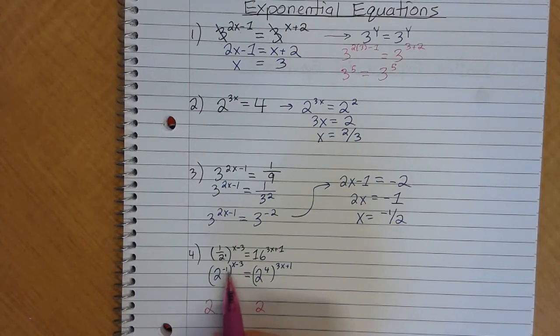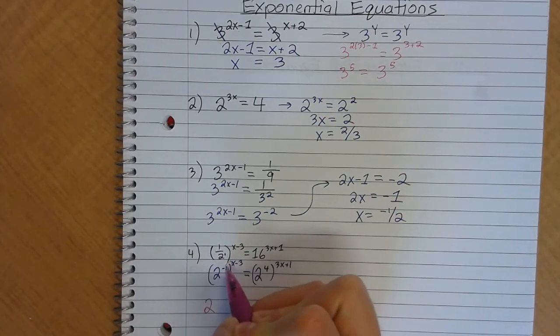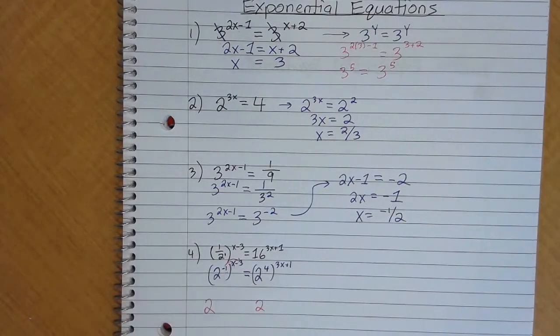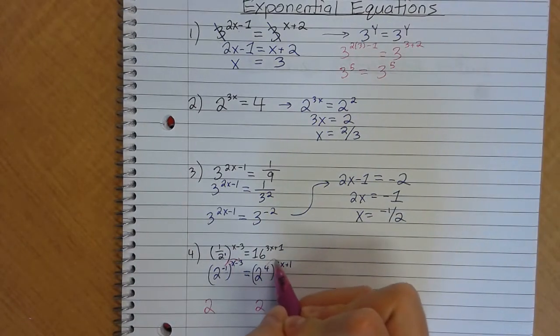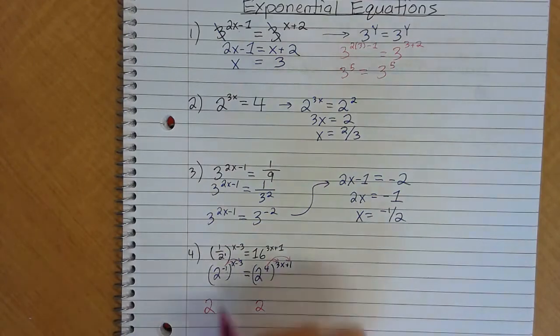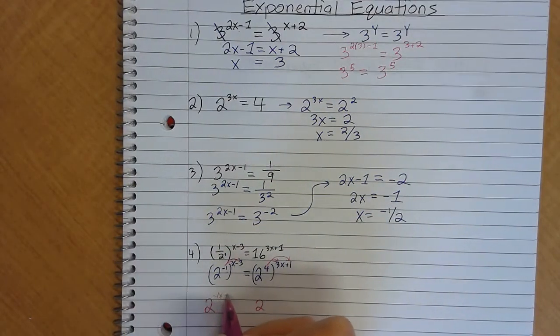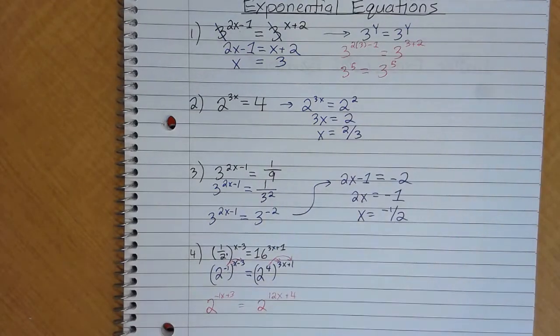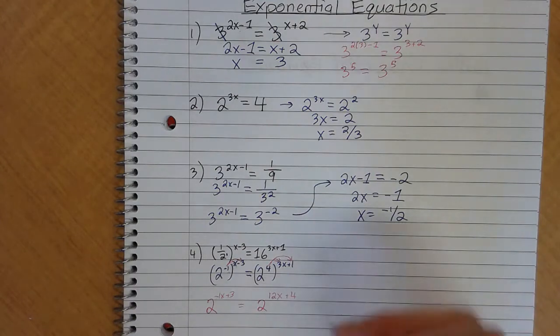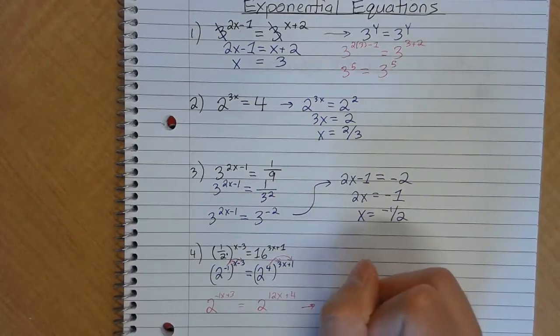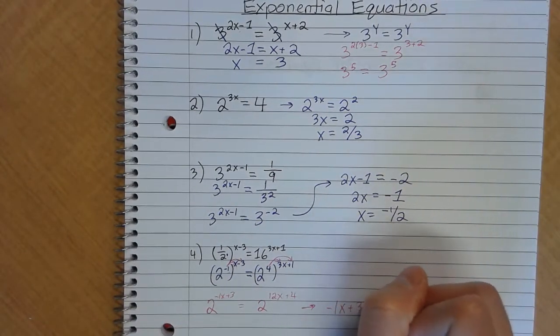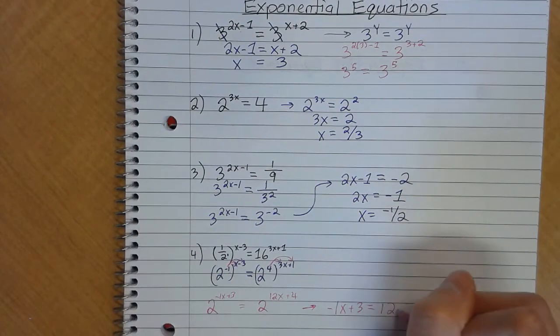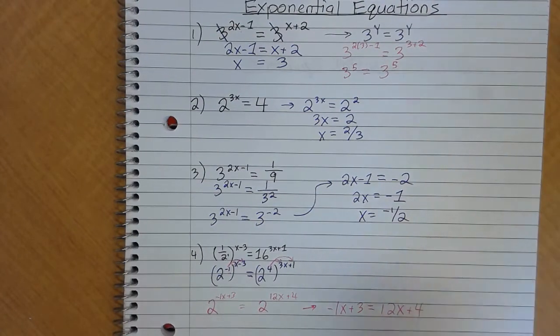So I'm going to do negative 1 times x, negative 1 times negative 3, and then 4 times 3x, and 4 times 1. So I got negative 1x plus 3 and 12x plus 4. Well, now all I got to do is get rid of those 2's and then solve negative 1x plus 3 equal to 12x plus 4.